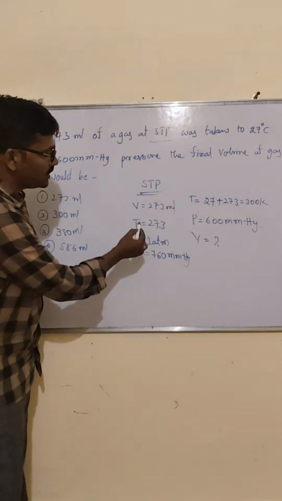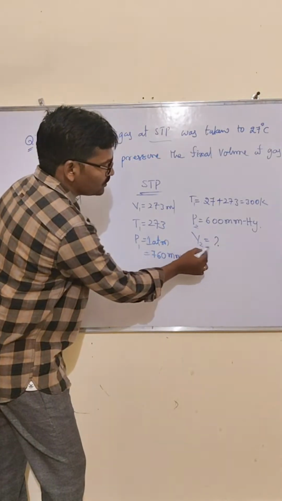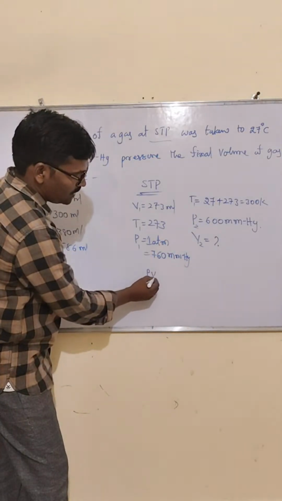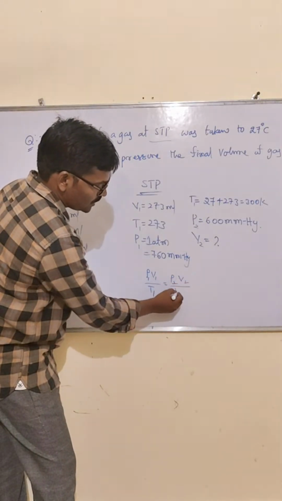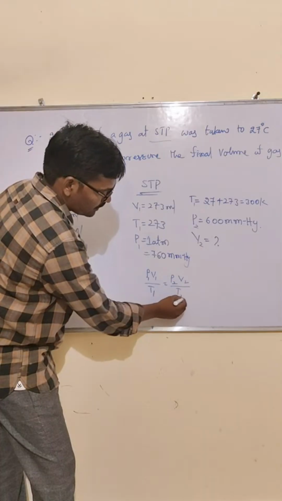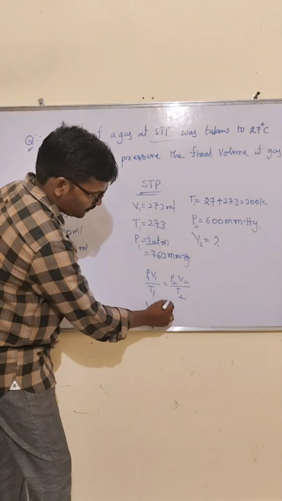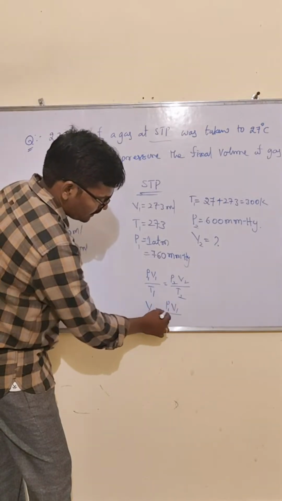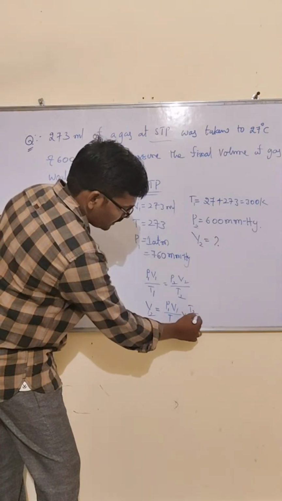So take V1, T1, P1, then T2, P2, V2. P1 V1 divided by T1 equals P2 V2 divided by T2. This is the formula. From this, V2 you have to find out. V2 equals P1 V1 divided by T1 into T2 divided by P2.